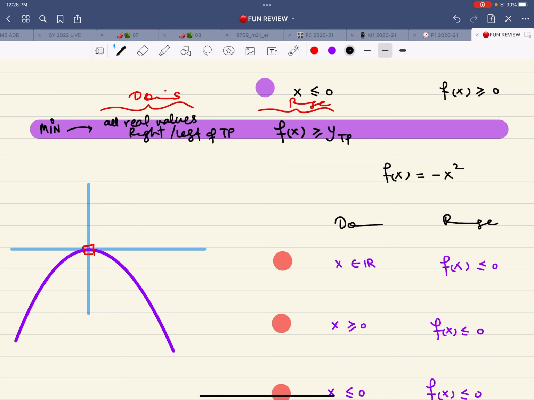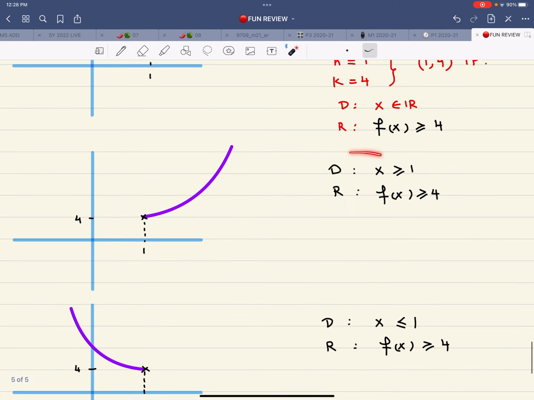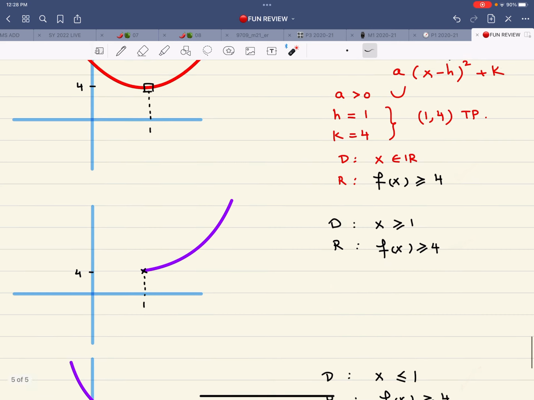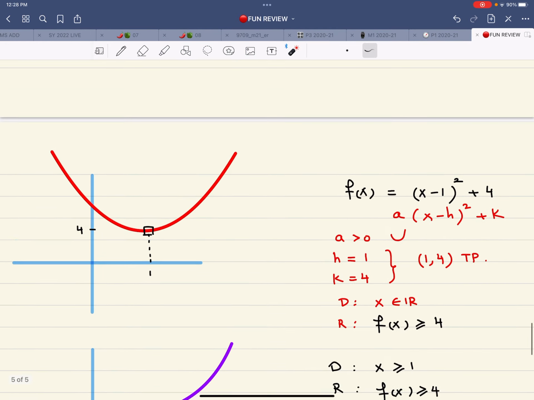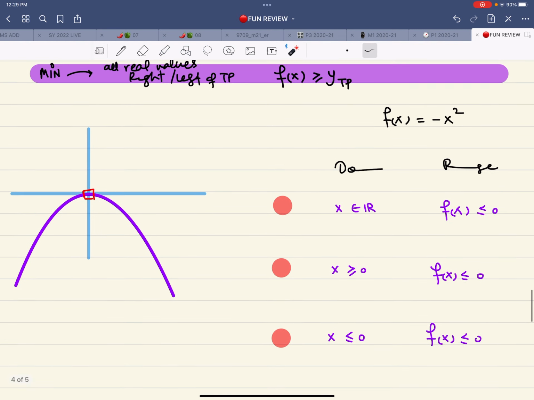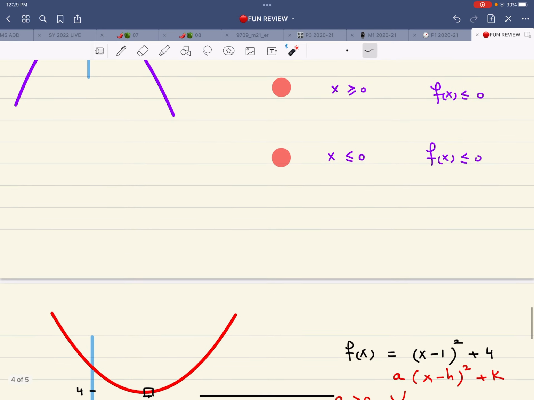Agreed? Have a look over here. All real values and right of the turning point and left of the turning point. The range is all the same, that is above the turning point, the y coordinate of the turning point. That means now I can generalize and then I'll draw the diagrams. What would be the generalization for the next one?